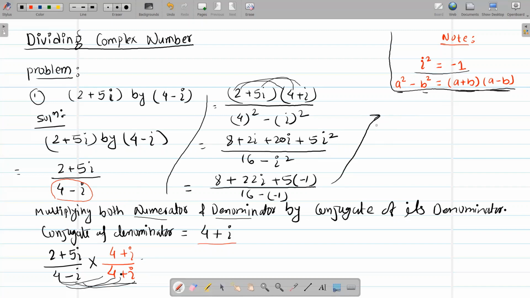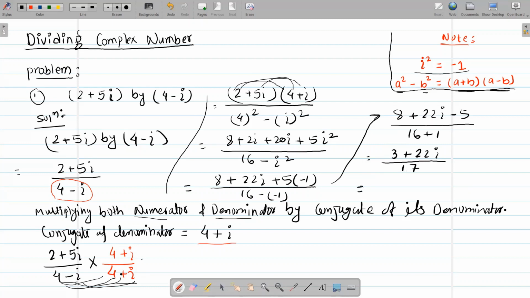So we get 8 plus 22i, 5 times -1 is -5, over 16, negative times negative is plus 1, right? So we will get 8 minus 5, which is 3, plus 22i, right? 3 plus 22i over 17.